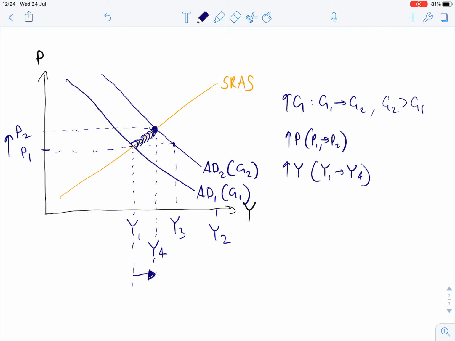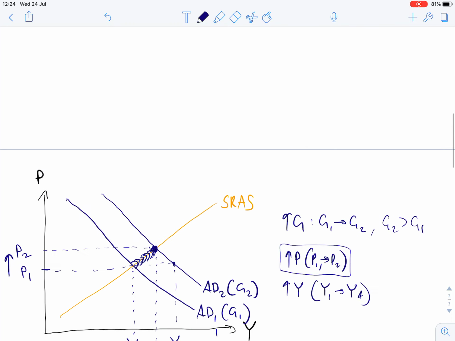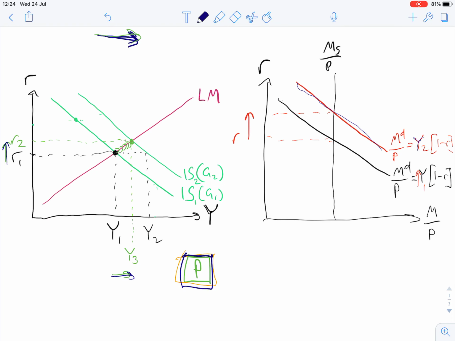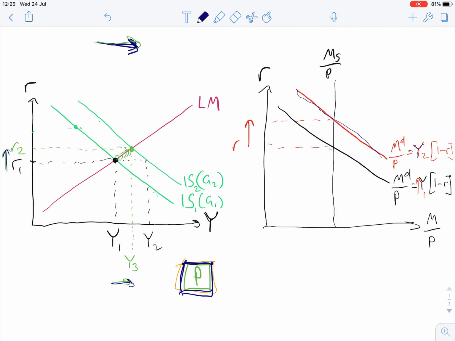To be really rigorous about this question, we then need to recognize that since P has changed here, we should go back to the IS model and understand that previously this took the original price level P1 as fixed. We now need to reconcile that P1 has moved to P2. What is that going to look like in this model?